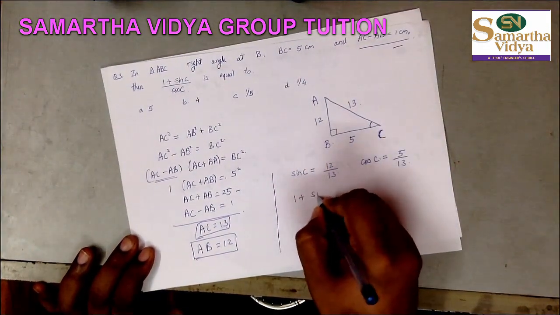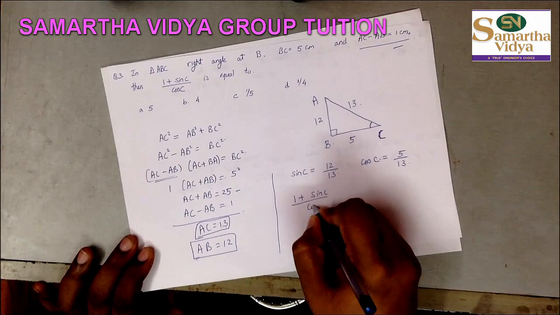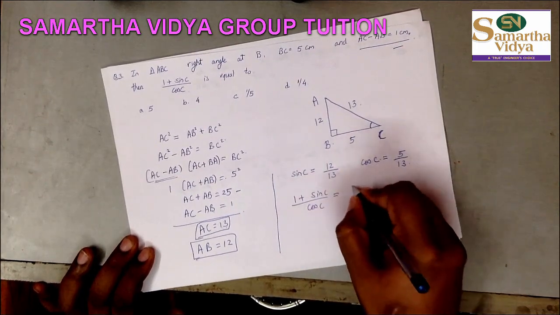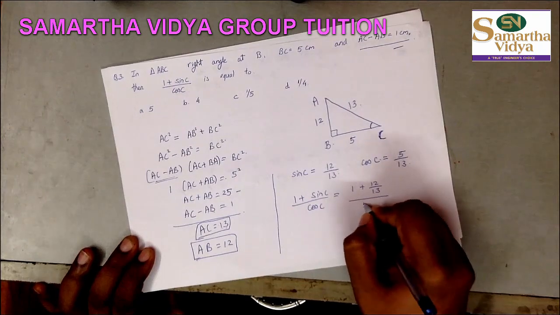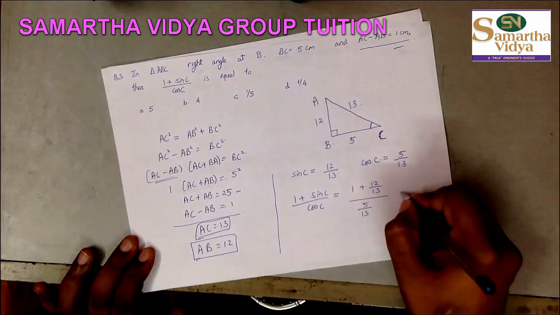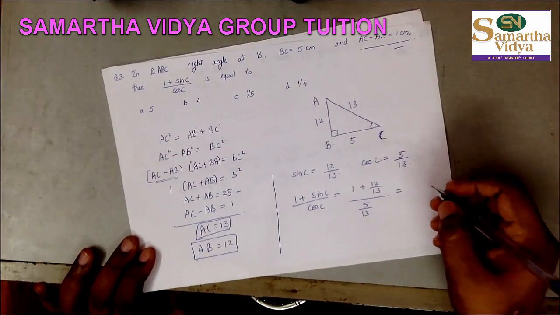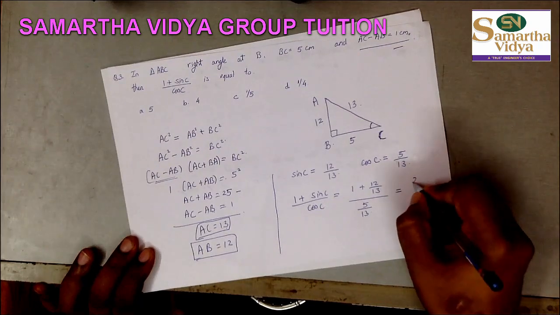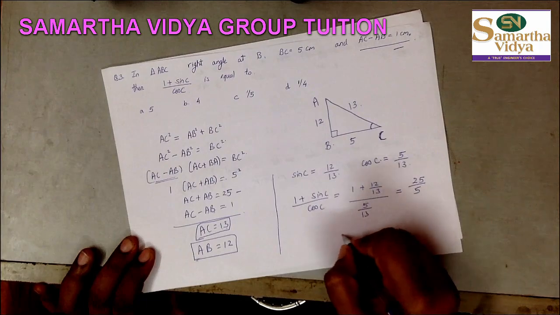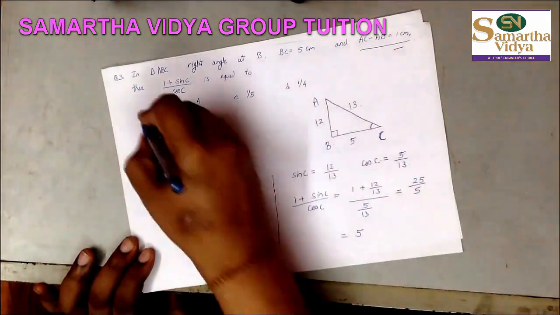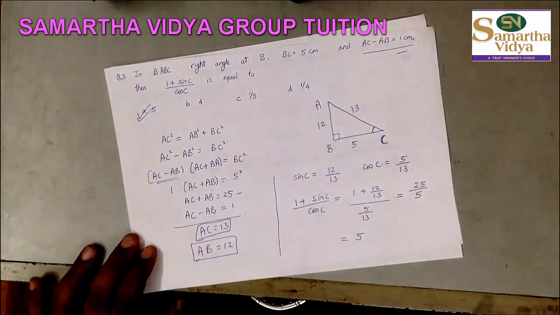So 1 plus sin C upon cos C is nothing but 1 plus 12 by 13 upon 5 by 13. So that is nothing but 25 divided by 5, which is equal to 5. So that's your option A.